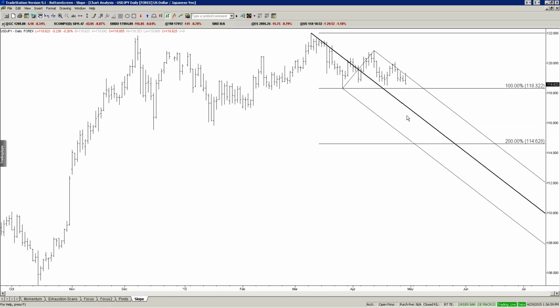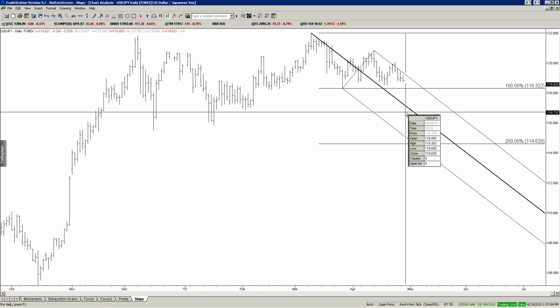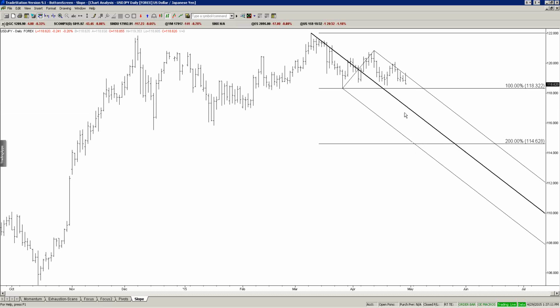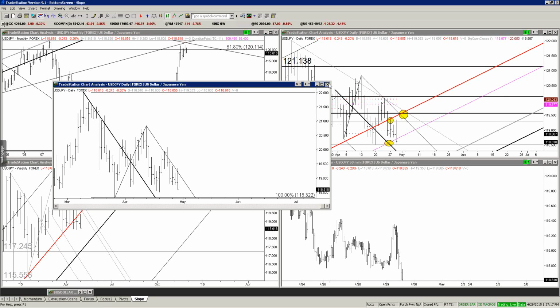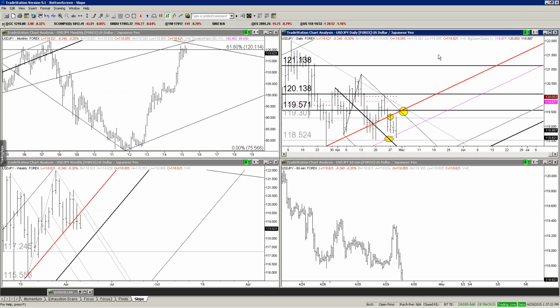Okay, so dollar yen short side looks really good. But we'll see if it wants to print 1950 or not, or if last night's spike up to 1935 was it. But we'll see. Okay.